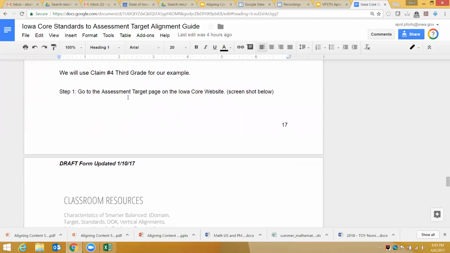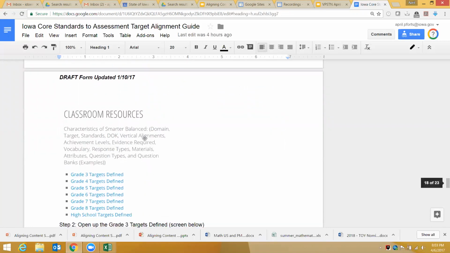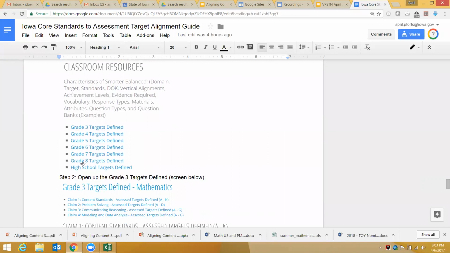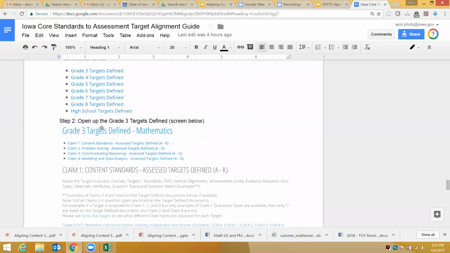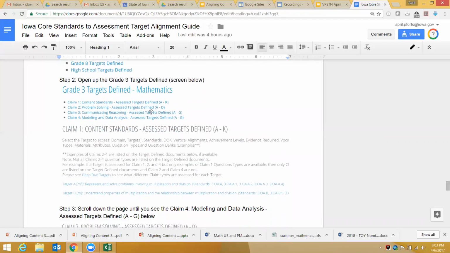First, go to the assessment target page on the Iowa Core website. When you get there, you will see a list of characteristics for the different grade levels. Then go ahead and open the grade 3 targets defined. We called it that because those are the assessment targets, and that's how they're defined by the authors of the standards.